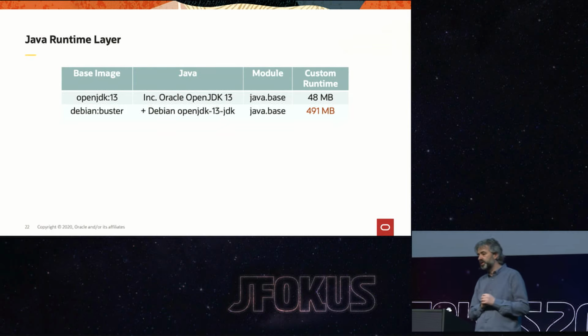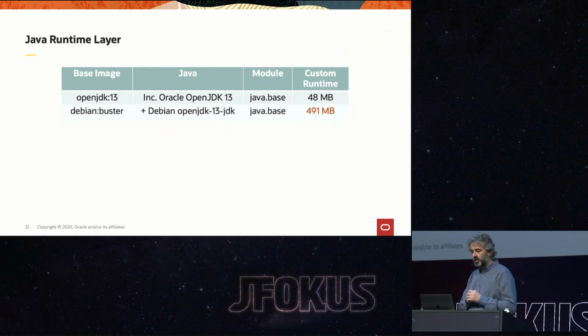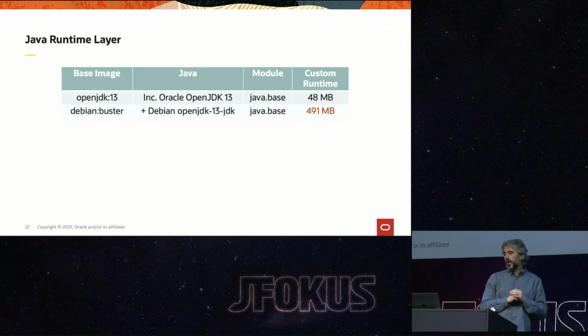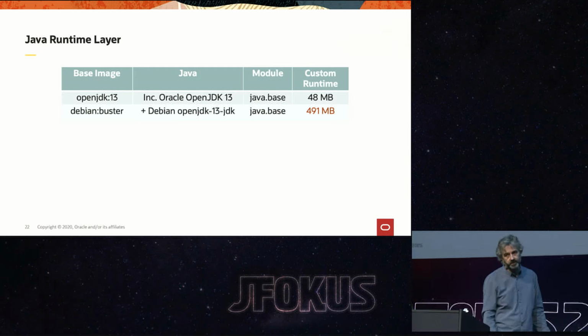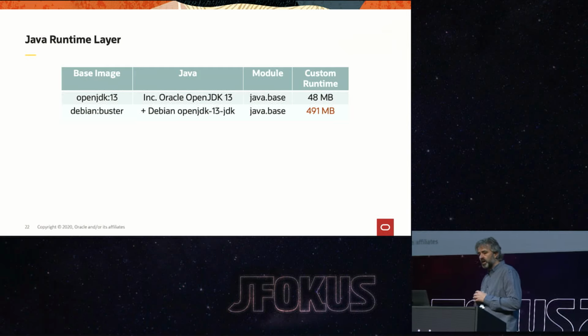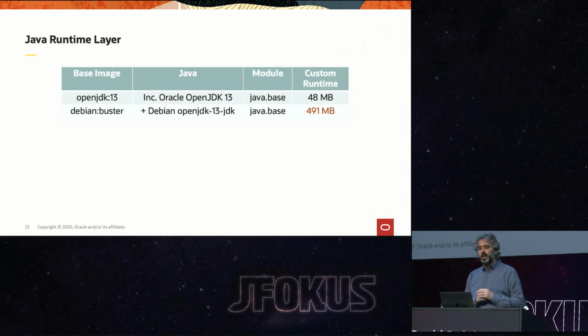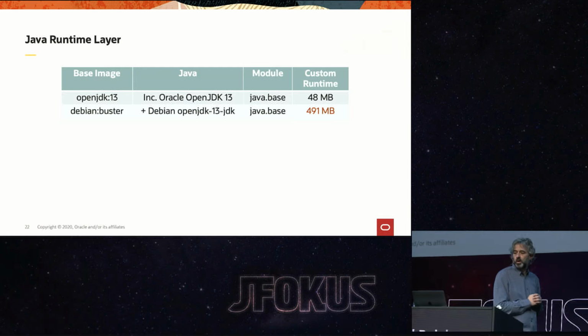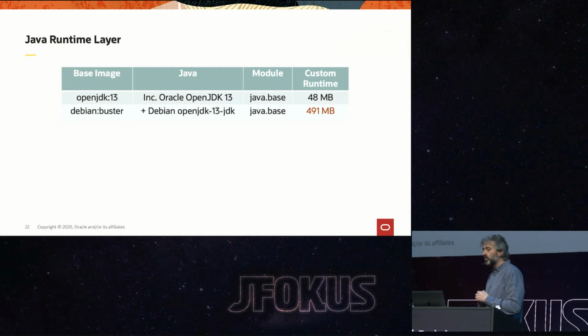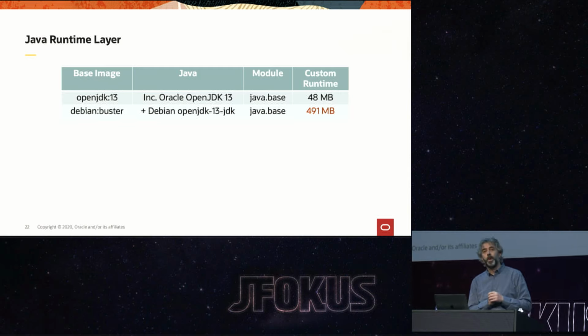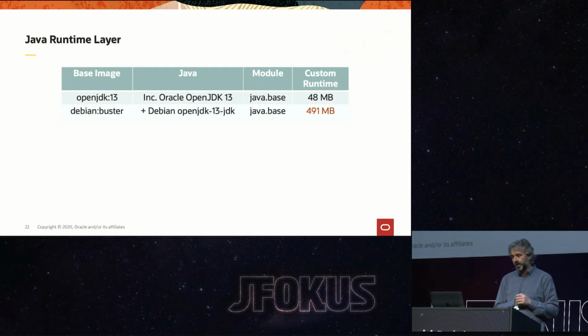So OpenJDK 13, a custom runtime image with 1 module weighs 48 megabytes. So you will not be able to go lower than that, 48 megabytes. Debian Buster with the Debian OpenJDK 13 distribution, a custom runtime with that same java.base module, almost 500 megabytes. And there's no typo there.